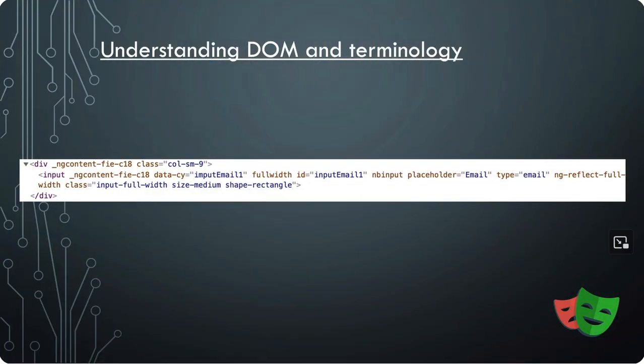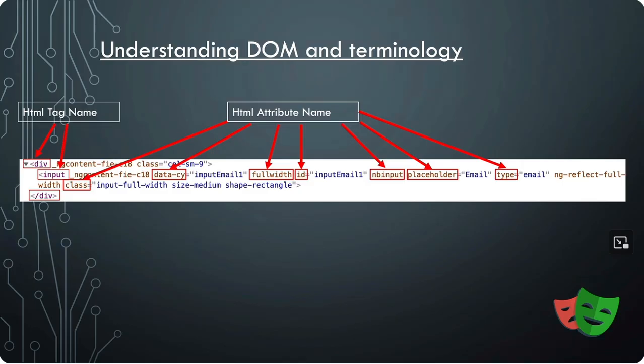This is an example of HTML code, and this represents just an input field that you can use to input the email. At the beginning of each line, we have the HTML tag name. It usually starts with an angle brace and ends with an angle brace as well.